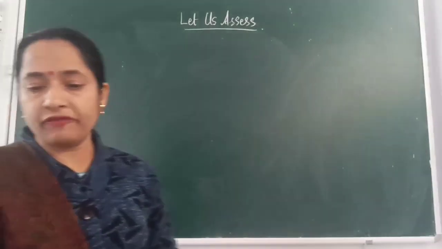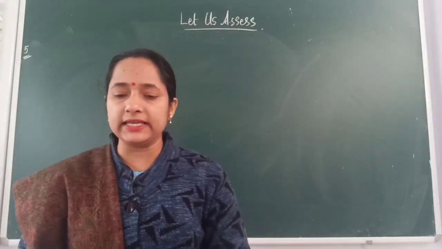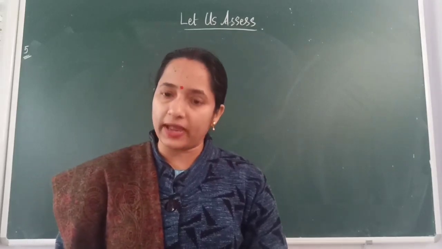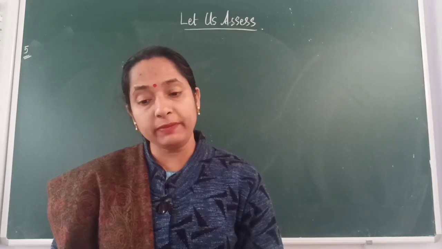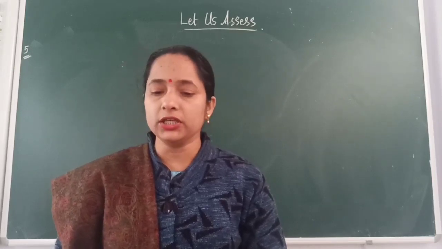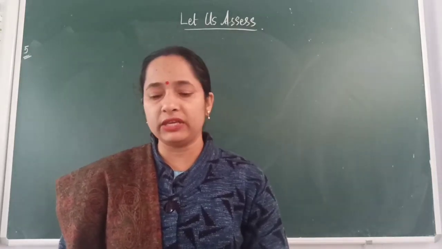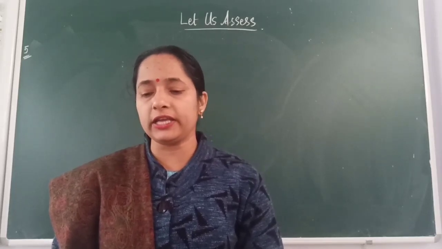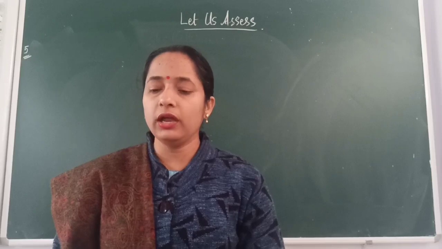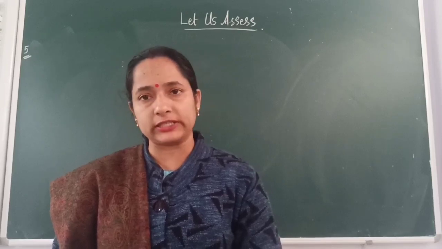Next question we have, an eraser is 25 millimeter long and 20 millimeter wide. Find its perimeter in centimeter and its area in square centimeter.